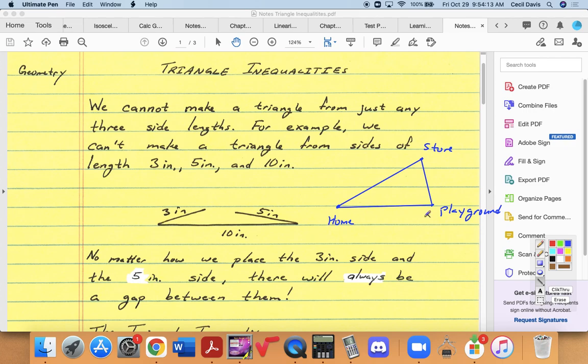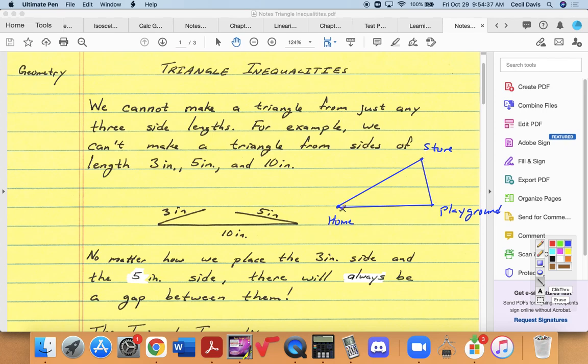So that is the triangle inequality. You already understand the triangle inequality, that this distance is going to be less than these 2 added together. That's the triangle inequality. And it doesn't matter where you were trying to go. If you were trying to go to the playground, is the fastest way to go to the store first?